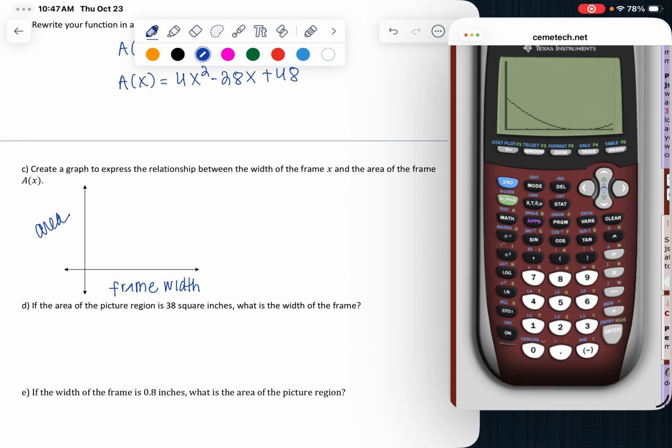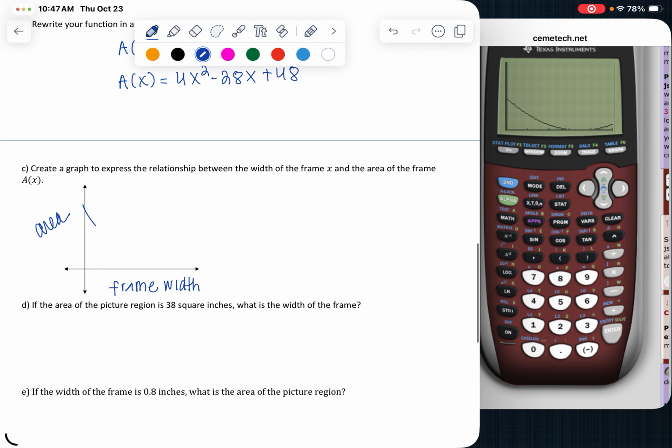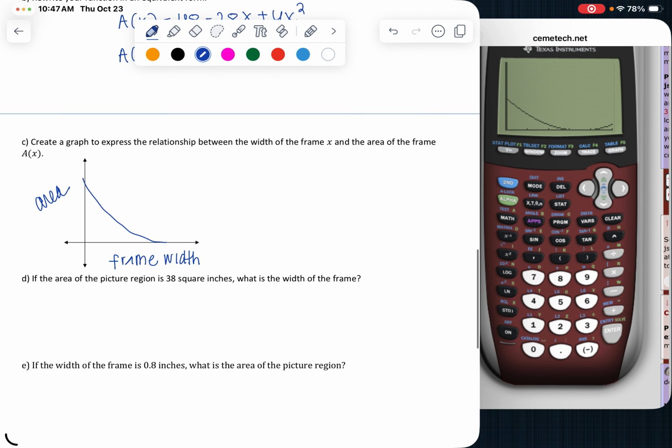Wow, that's beautiful. If you look, it zeroes out and then it pops back up, but we only care about that part right there. Okay, so that's what it looks like, and we can find those x and y axis values if need be, but that's just an idea of what it looks like.